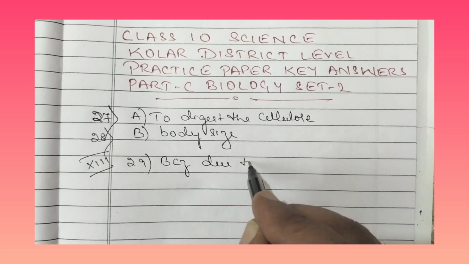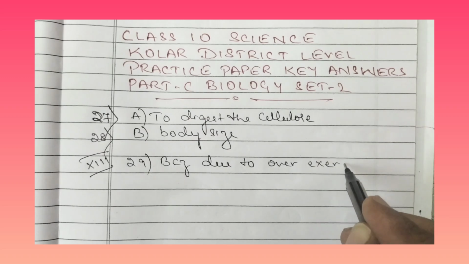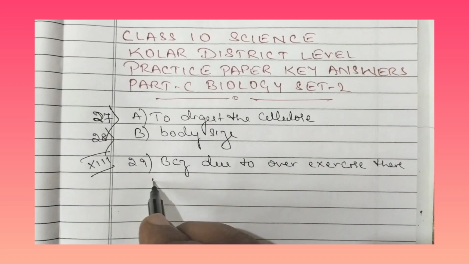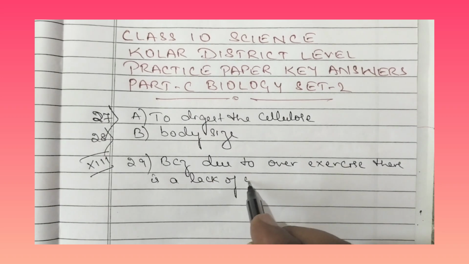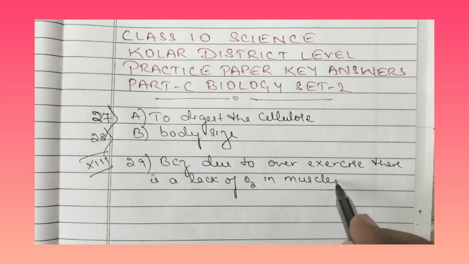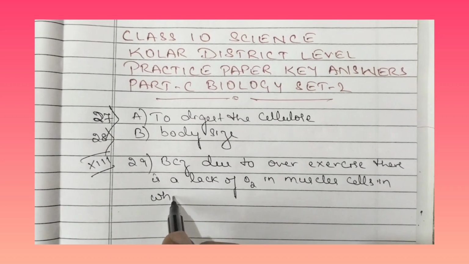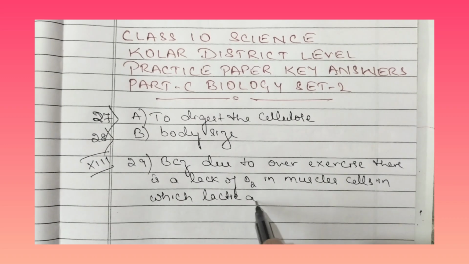Due to over exercise, there is a lack of oxygen in muscle cells, in which lactic acid is produced.